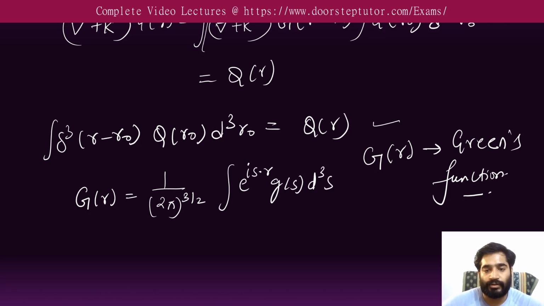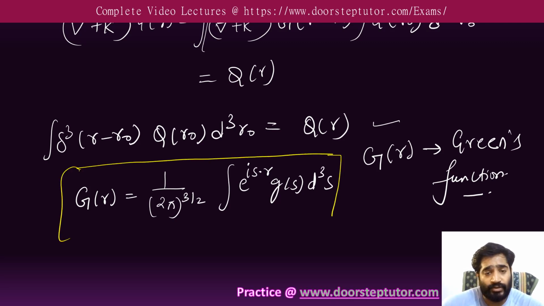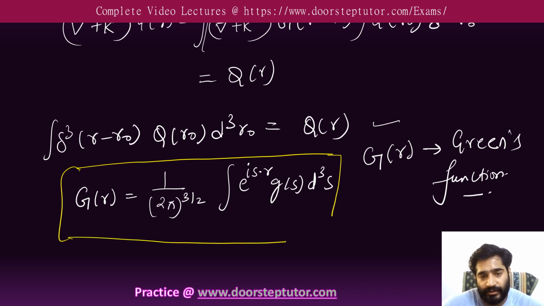This is what we got. Clear? This is an important function because this is the Green's function.